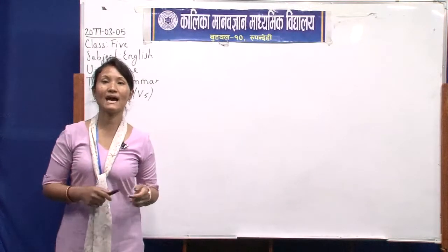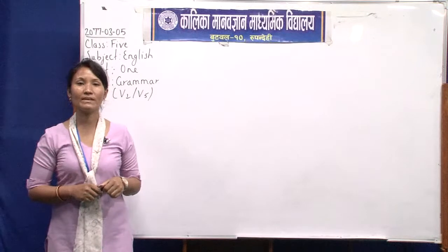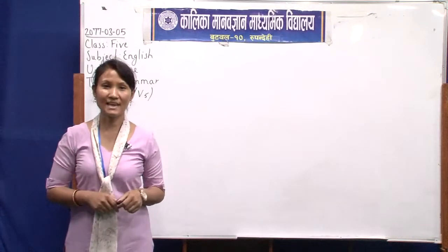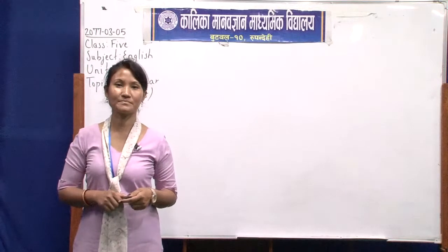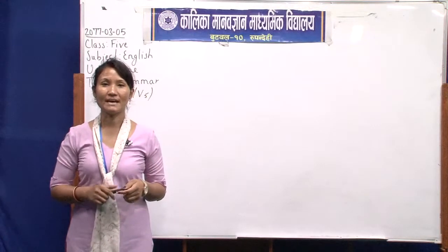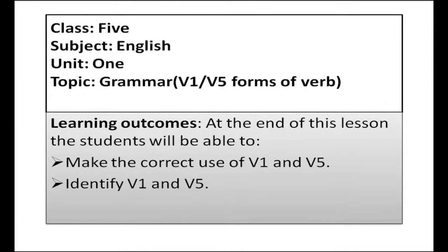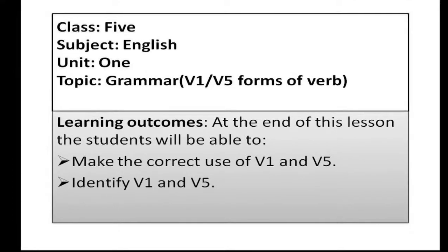Before I start today's class, we will have a look at the learning outcomes of today's class. Have a look on the slide. Class 5, subject English, unit 1, topic grammar, verb 1 and verb 5, forms of verb.